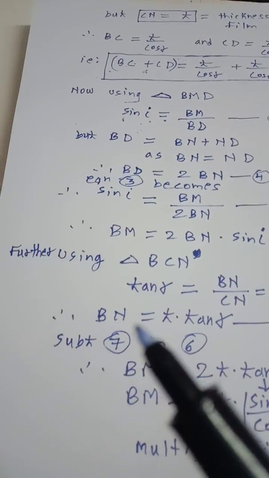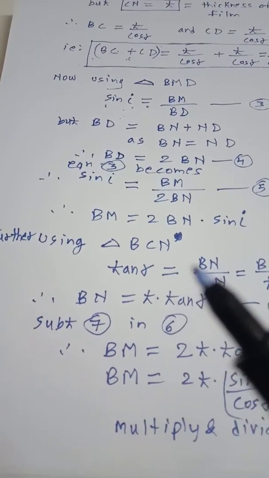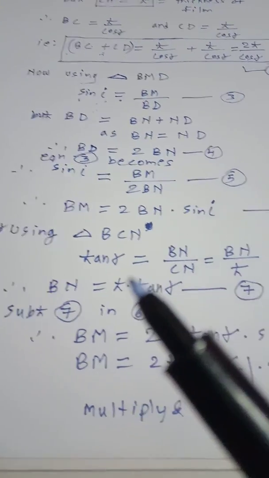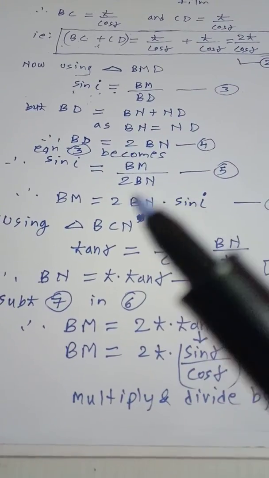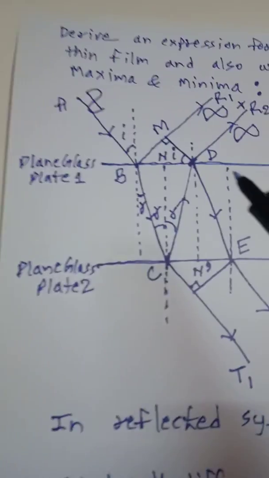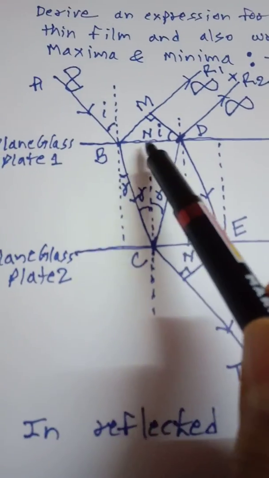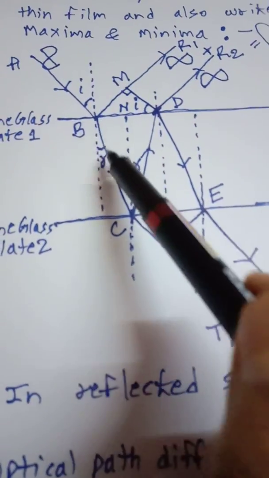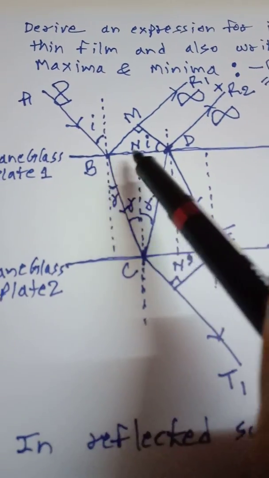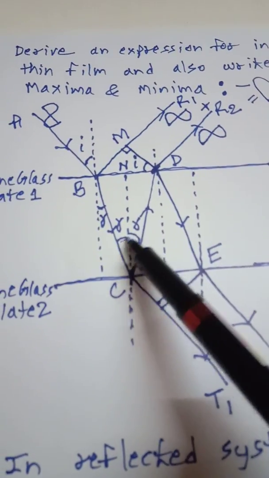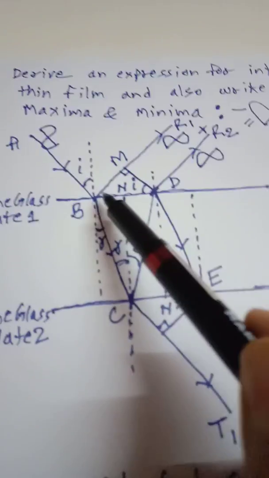Now we take triangle BCN, because I want to find the value of BN. BN is this one. In this triangle BCN, I calculate tan r, and I'm interested in BN.